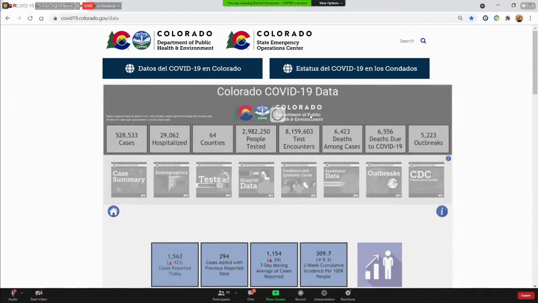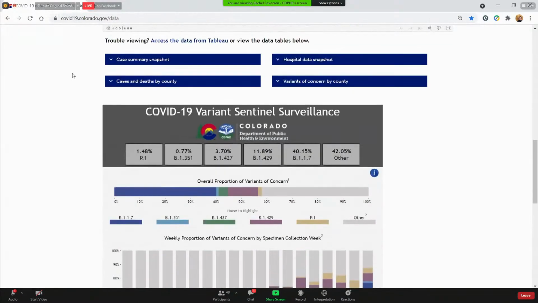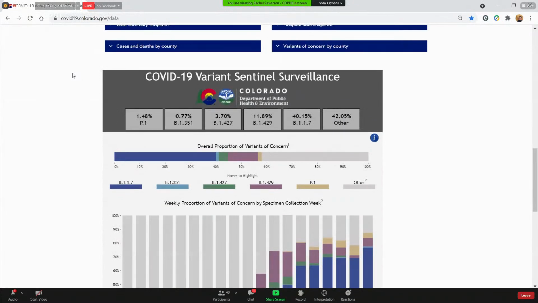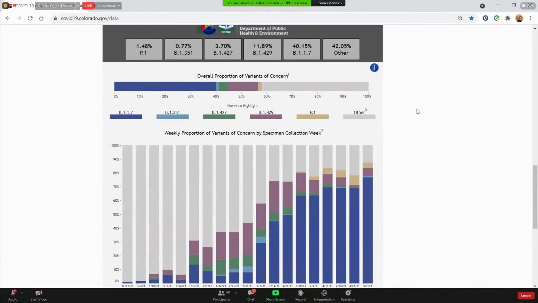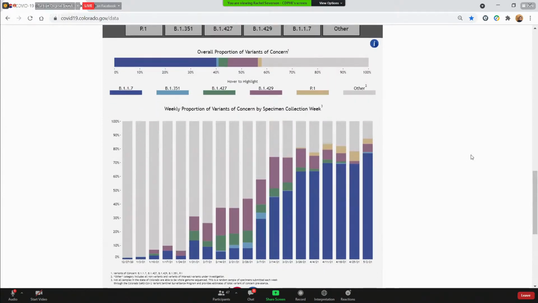And while this main Tableau embedded dashboard is loading, I want to scroll down and point out an additional Tableau dashboard that we recently added, titled COVID-19 Variant Sentinel Surveillance. And this represents randomly sampled tests from geographically diverse labs across the state and shows the proportion of positives that were identified as each of these variants of public health concern.